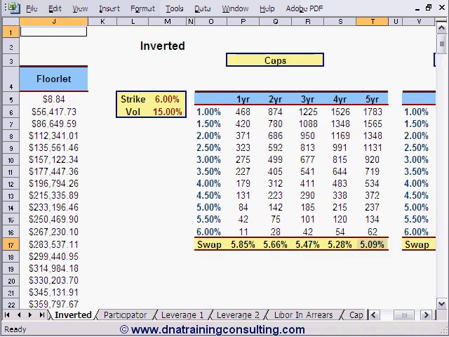If you do not understand very clearly why this is the case, please review our related but more basic module labeled Interest Rate Forwards and Swaps.